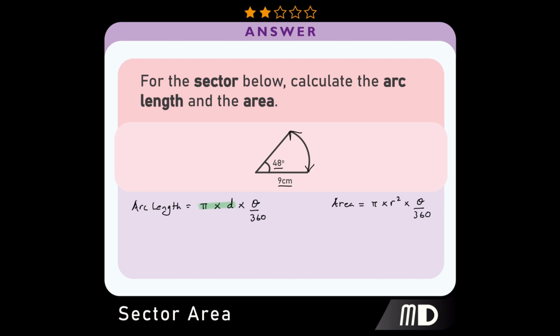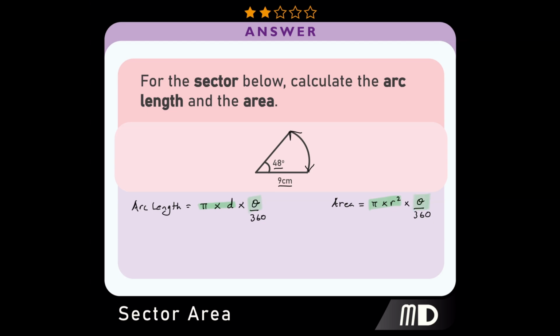Pi times diameter is the rule we use to find the circumference of a circle. Pi times radius squared is a rule we use to find the area of a circle.